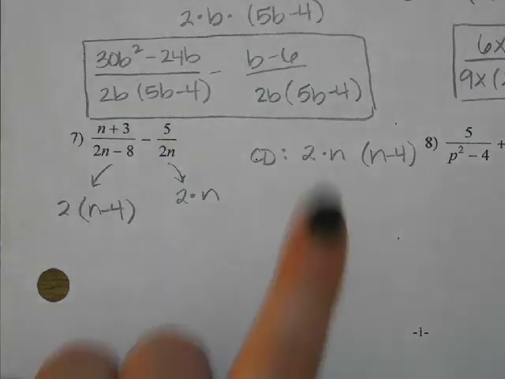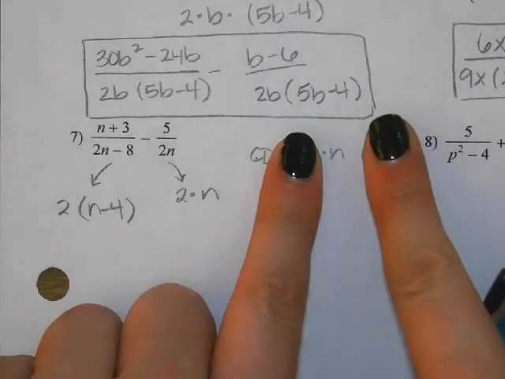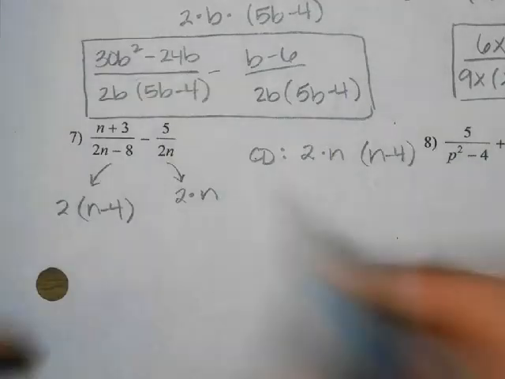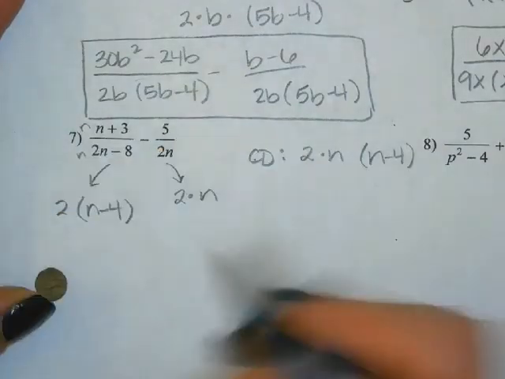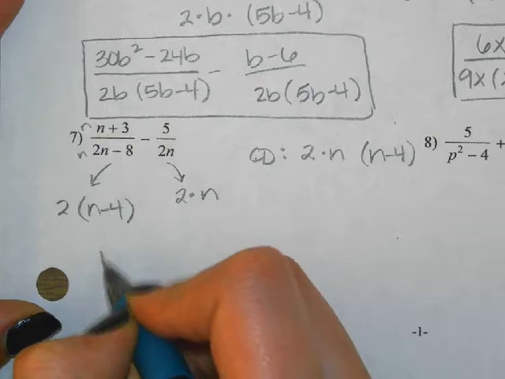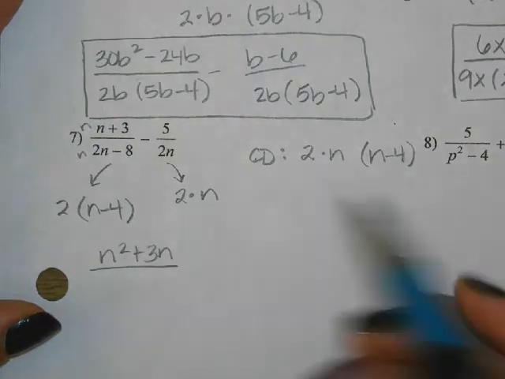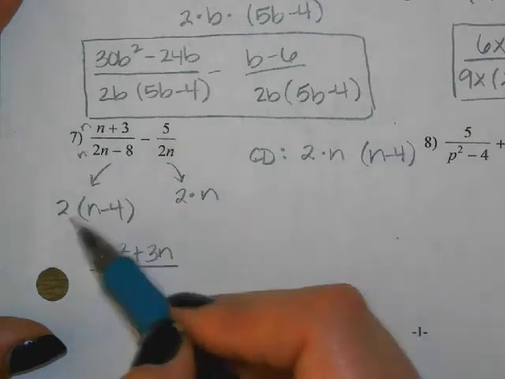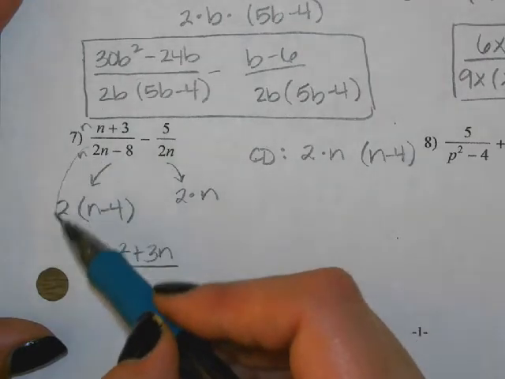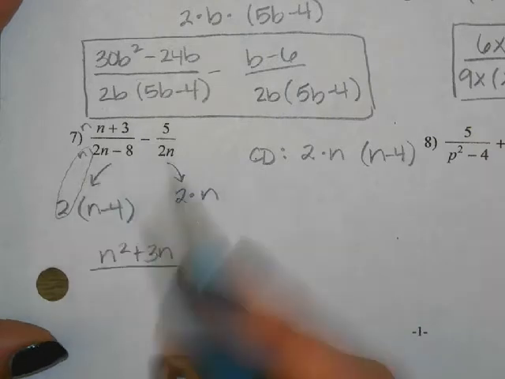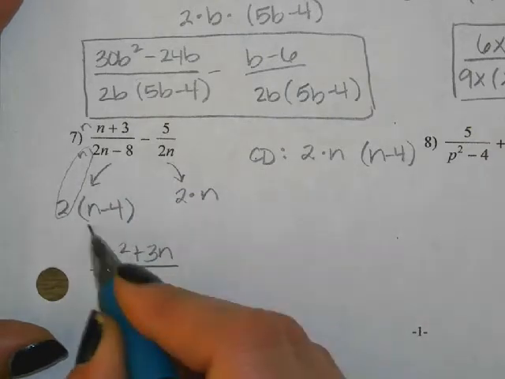So the first one had the 2 and it had the group. What does it need? An n. So it was n squared plus 3n. And then I'm leaving the bottom in the factored form, so I'm going to take these two and put them in the front, and then leave the n minus 4.